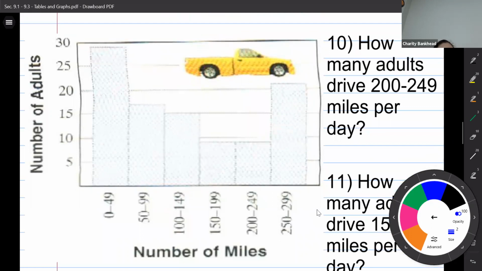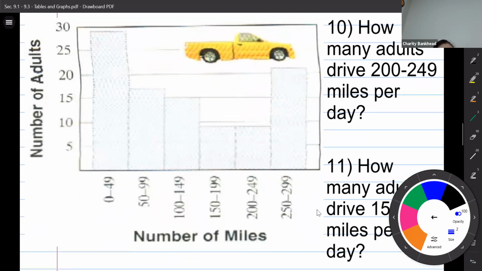All right. And this graph looks like it's based on a survey of a small number of adults asking how many miles per day they drive. So how many are between 200 and 249 miles per day? That looks like approximately 9.